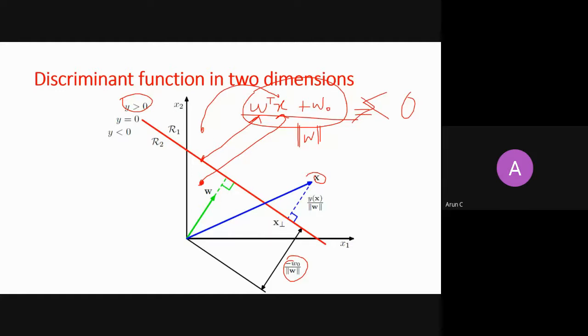This is what we have said. And to find the orthogonal distance from a point x to the hyperplane, you can simply divide by the norm of W. It will give you the perpendicular signed value of the distance.